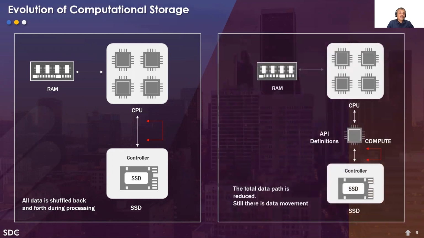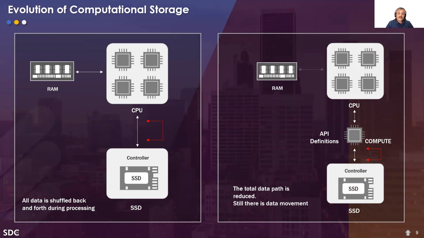Now, how to deal with it? One solution is we place a compute which is very near to the storage, and we define the storage services which are required as APIs on the compute.